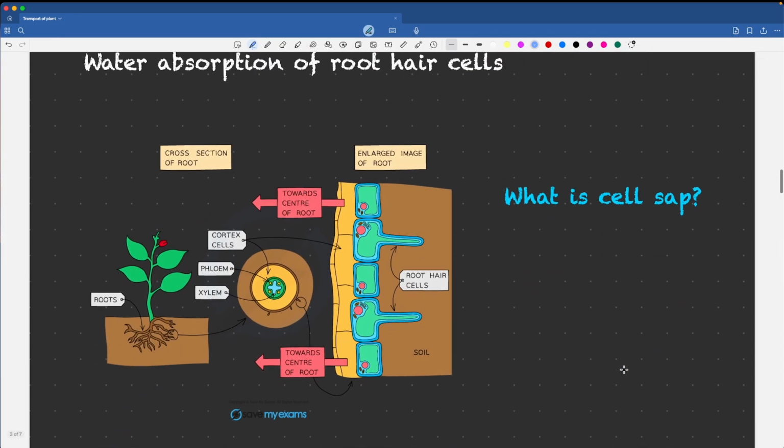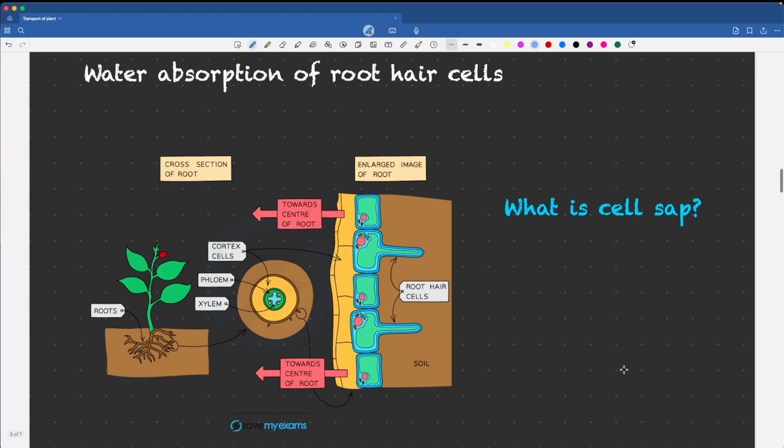Let's look at a diagram of how water actually enters the root hair cell. What is cell sap, by the way?